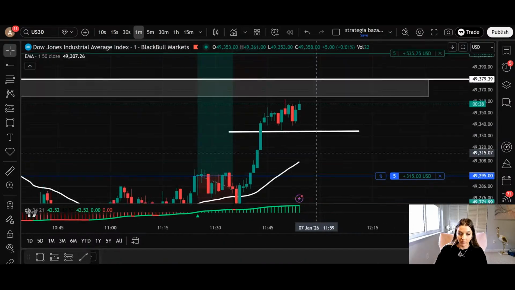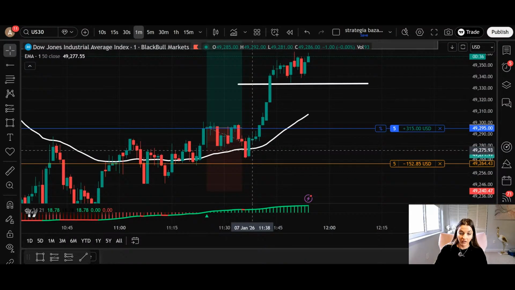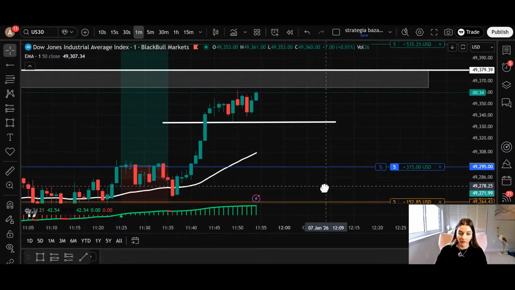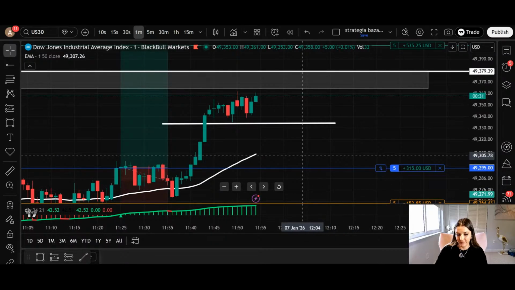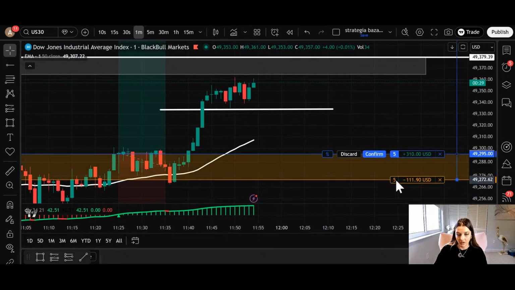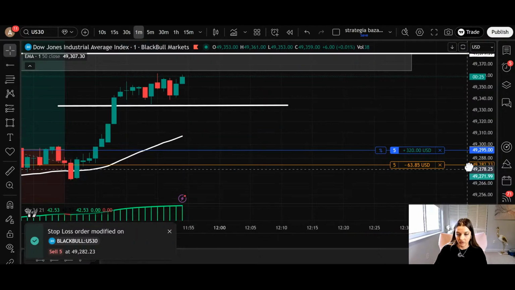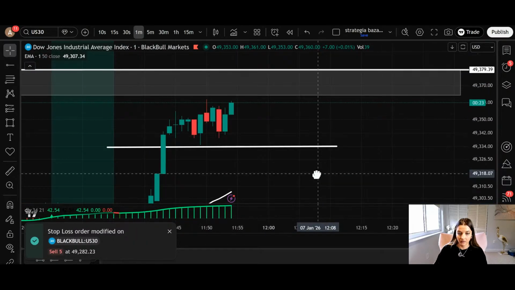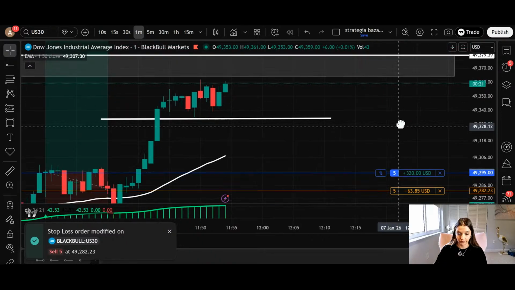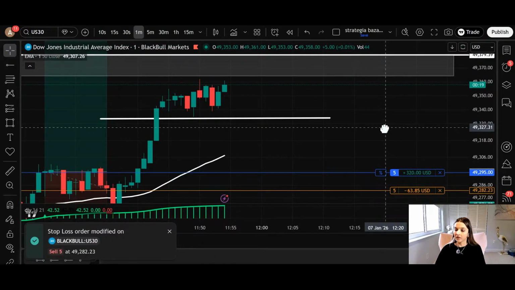Because it's below the EMA, and the EMA did act as a support. So I just feel a little bit lower than EMA, because if it gives a fake breakout, here we go, just risking $60. Did you guys move your stop loss?